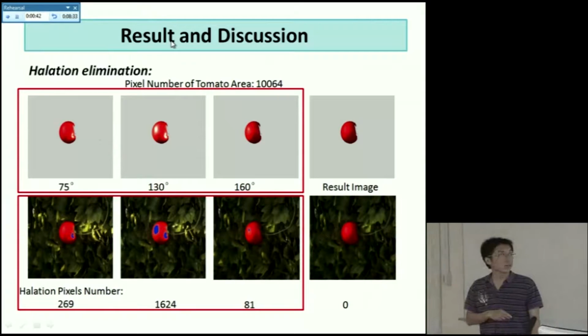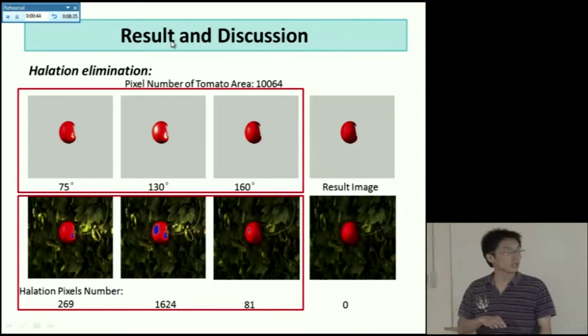So this means that by this way all the halation is eliminated on the tomato surface.